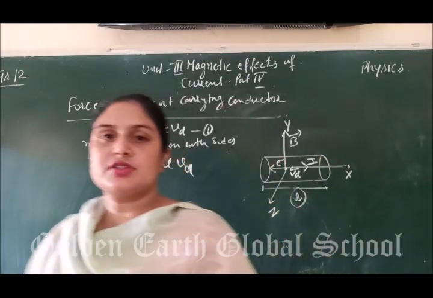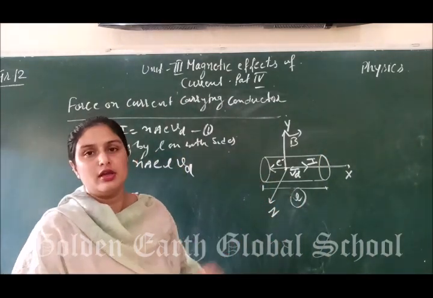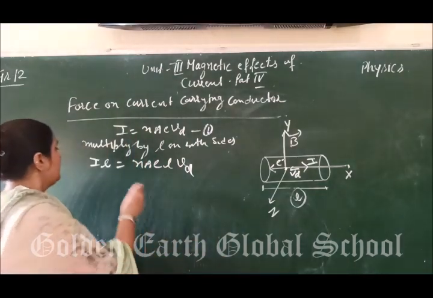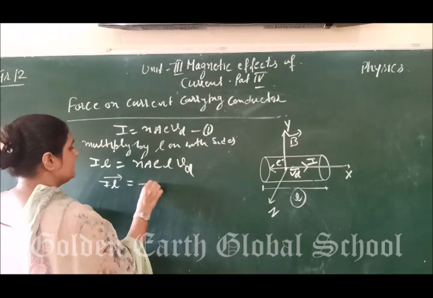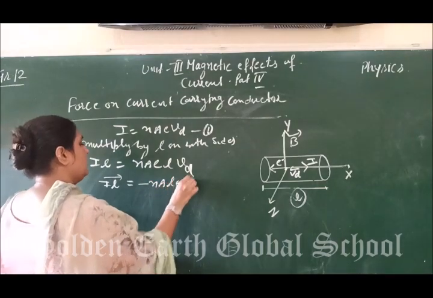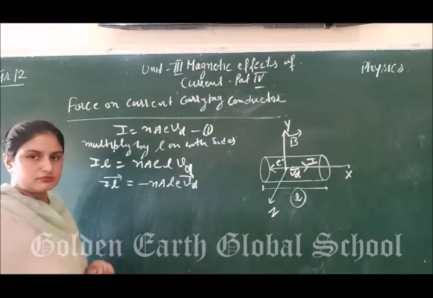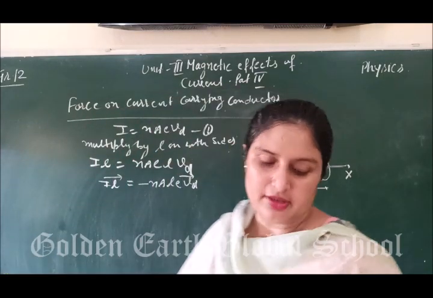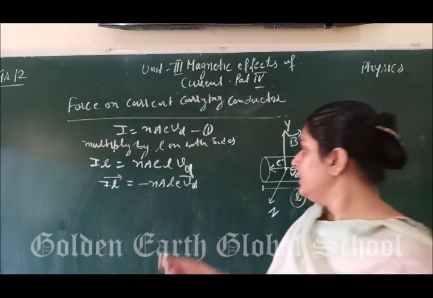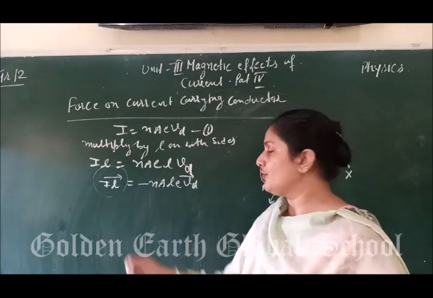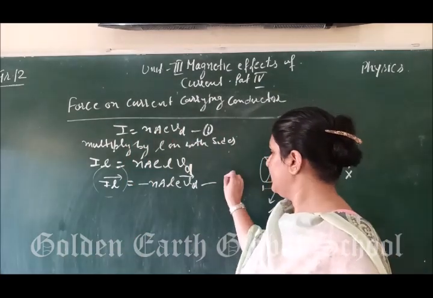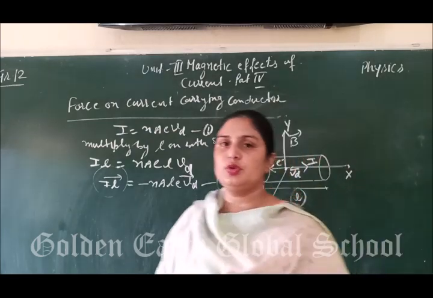So I can write IL equal to minus nAeLVd. Why does the negative sign appear here? The negative sign shows that the direction of the current carrying element is opposite to the drift velocity. Name it equation number 2.